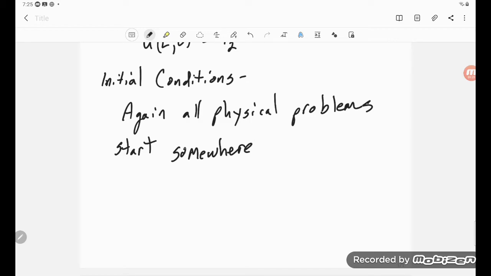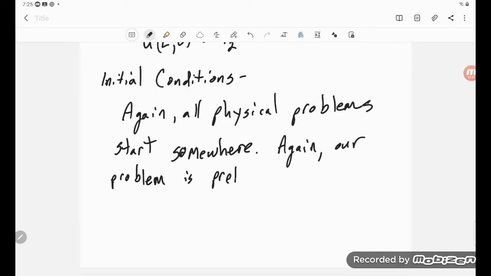So we'll have to take that into account, and again, our problem is pretty straightforward.